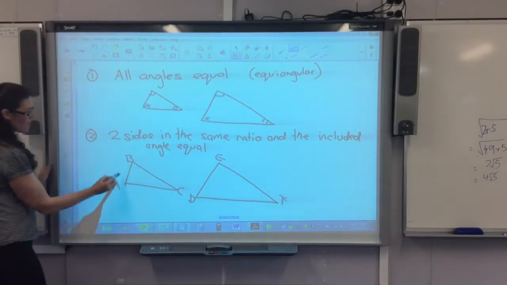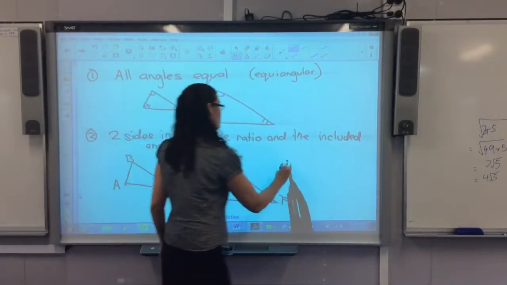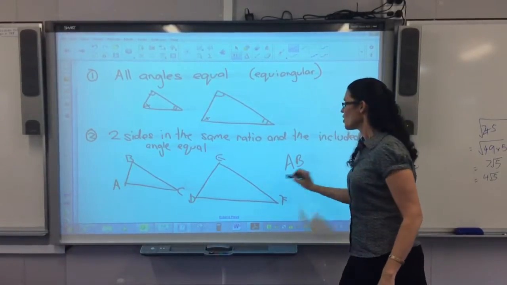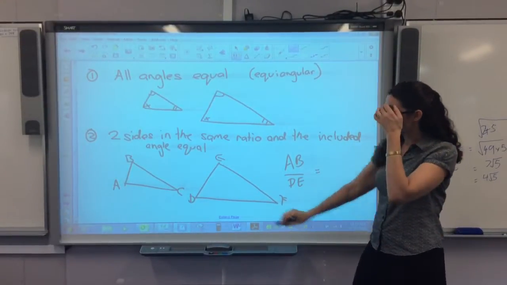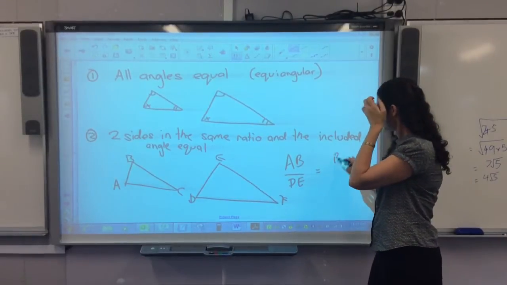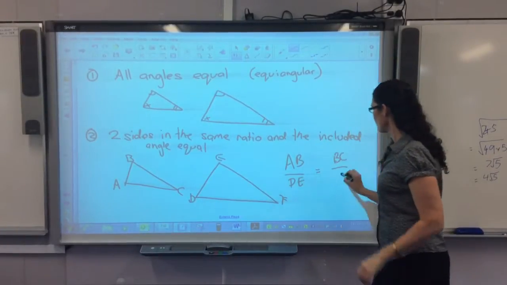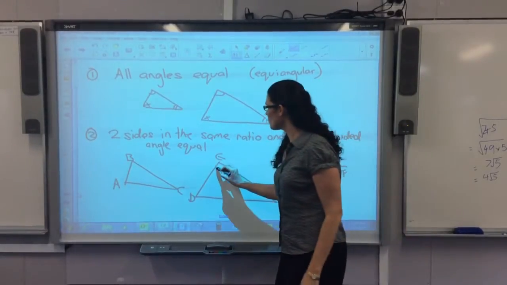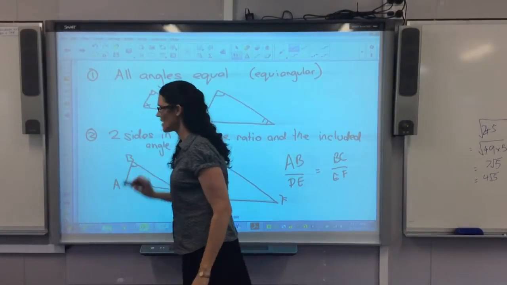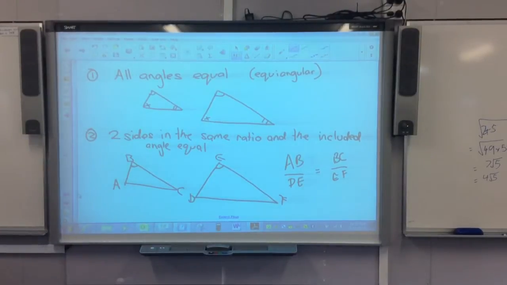Then I might know that AB over DE is going to give the same ratio as BC over EF. So it gives the same ratio, and the angle in between them is the same. They don't quite look the same, but pretend they're the same. So that's our second rule: 2 sides are in the same ratio, and the included angle is equal.